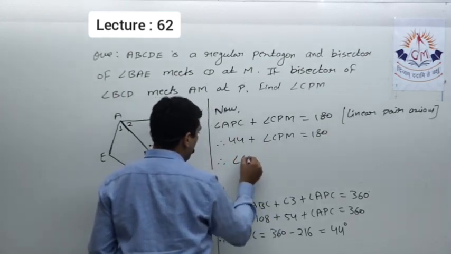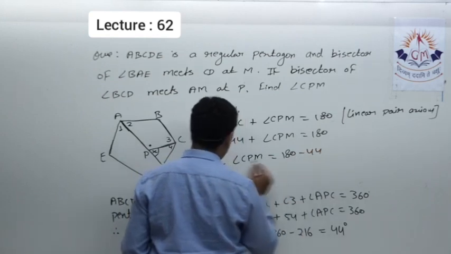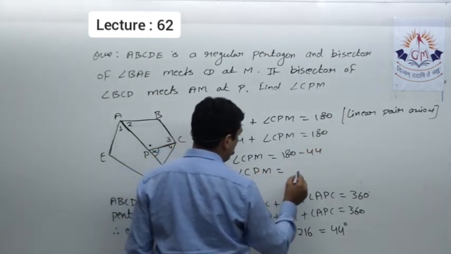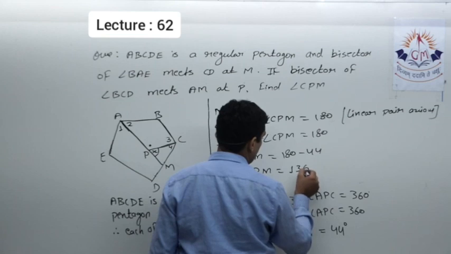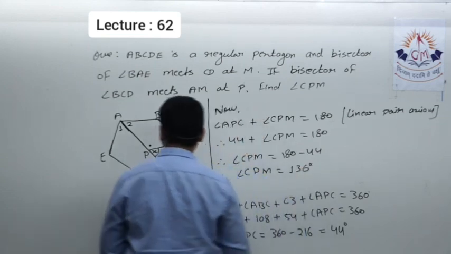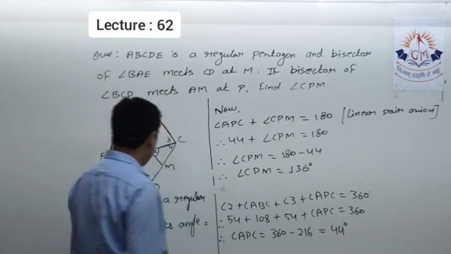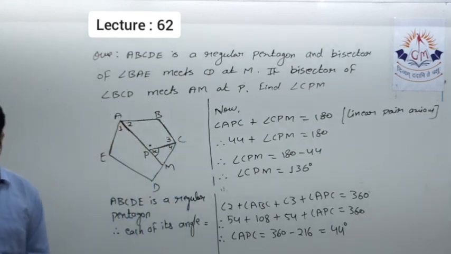Therefore, angle CPM is equal to 180 minus 4. That is angle CPM is equal to 136 degree. Okay, so please note it down, then we'll see the next question.